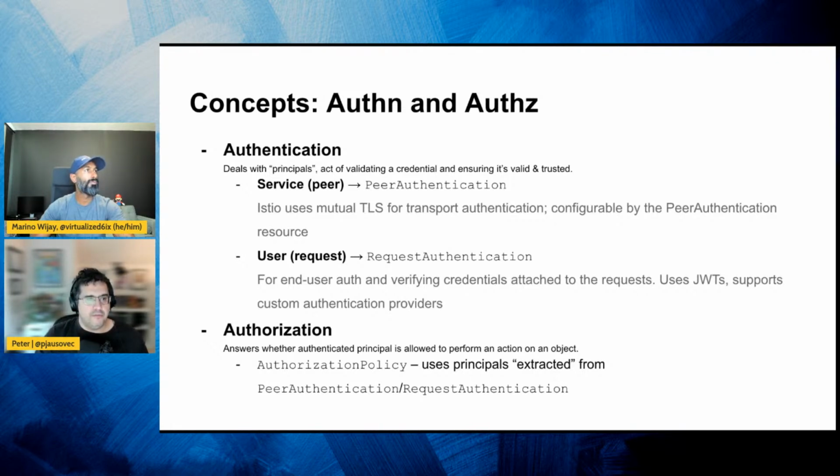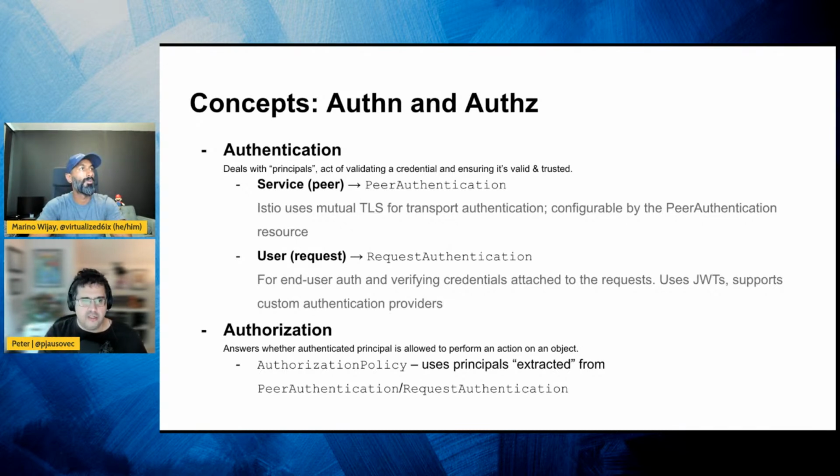In terms of how Istio deals with authentication, there's a split between service authentication or peer authentication and user or request authentication. At least that's how I map it in my brain. The service authentication maps to the peer authentication resource in Istio.